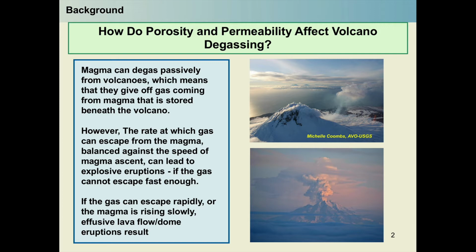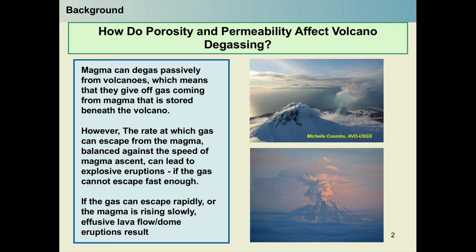For background material, gas exsolution and degassing from volcanoes is really important because it largely determines things like eruption style. It also determines any gas escape you might see from a quiet volcano that's not erupting, which we call passive degassing. Gas is one of the fundamental concepts to understand for volcanology in many ways.